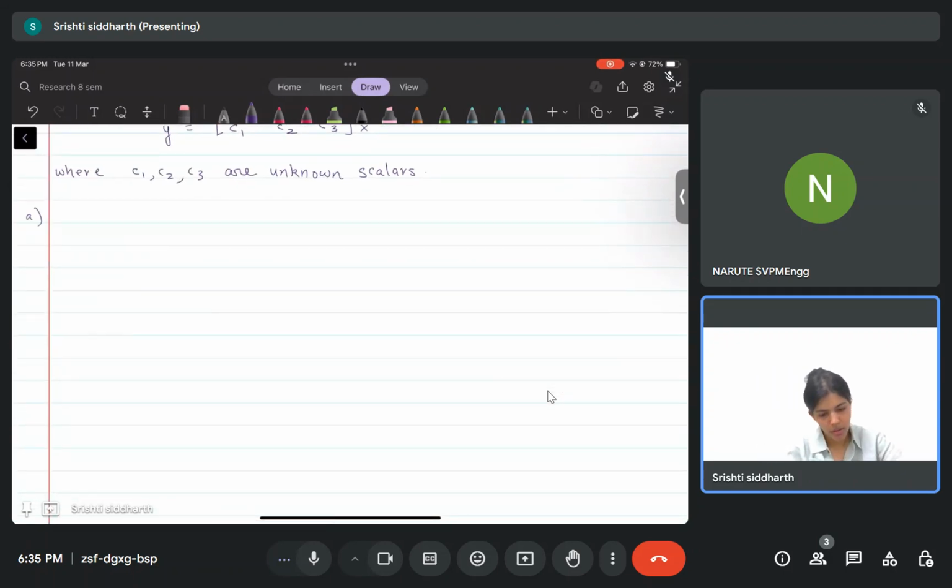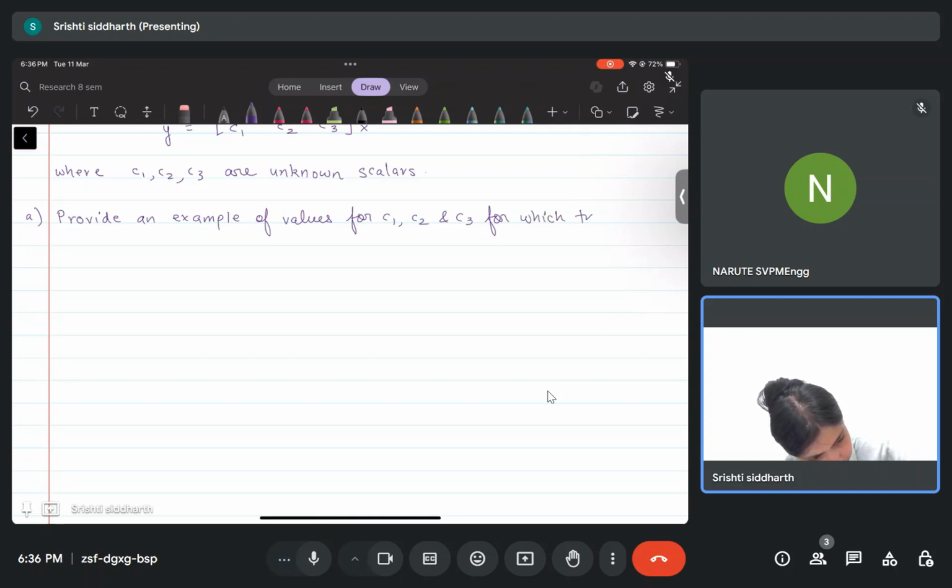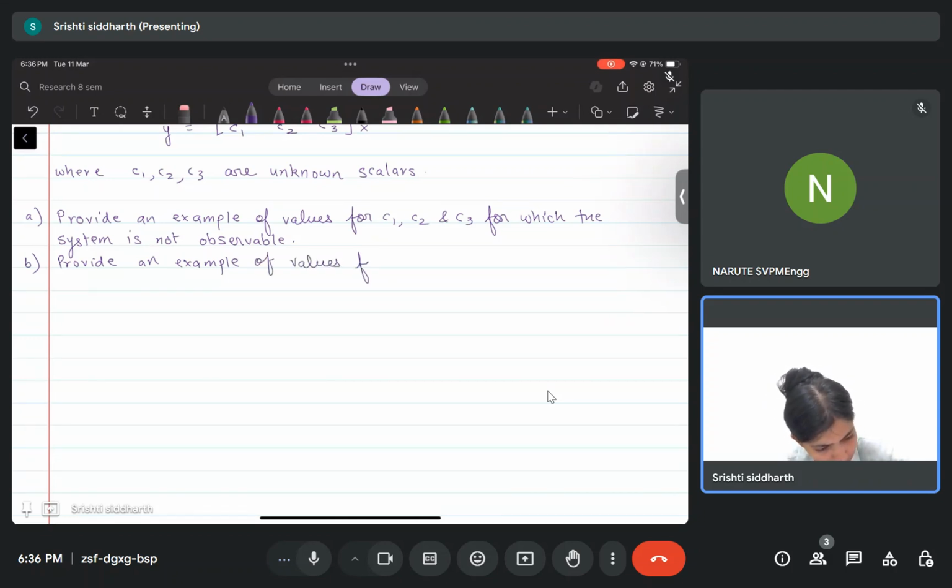So part A is: provide an example of C1, C2, and C3 for which the system is observable.